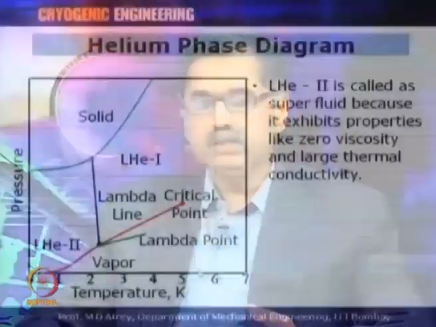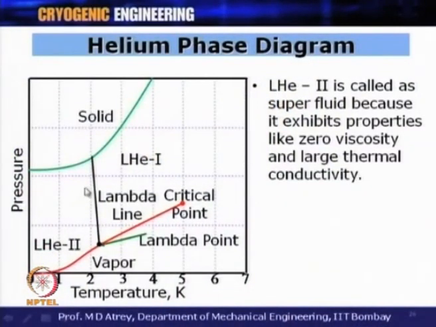In helium, helium 2 is becoming an ordered liquid. It's not exactly solid, but it is as ordered as a solid, and therefore we call it zero entropy in this case. So, it has zero viscosity and a very large thermal conductivity. These two aspects are very important for helium 2.